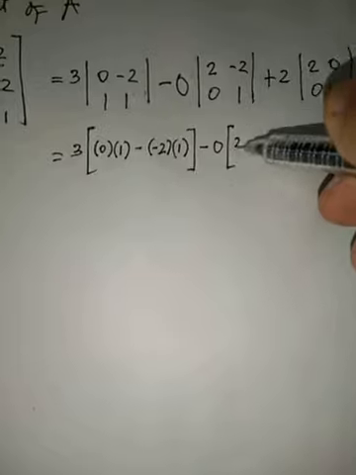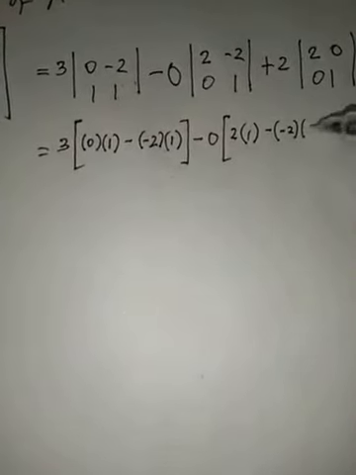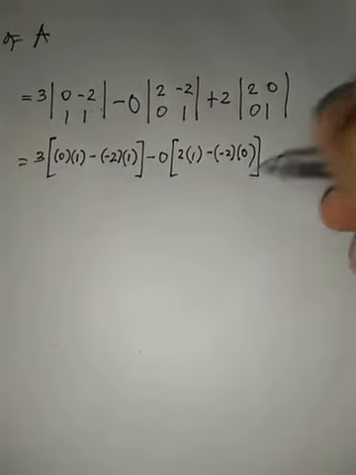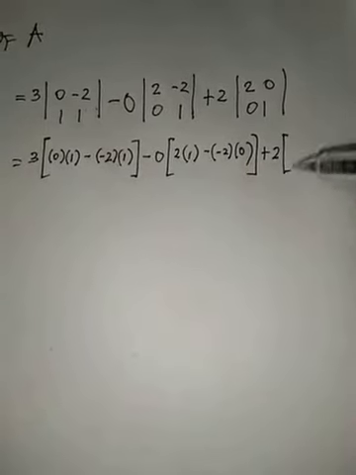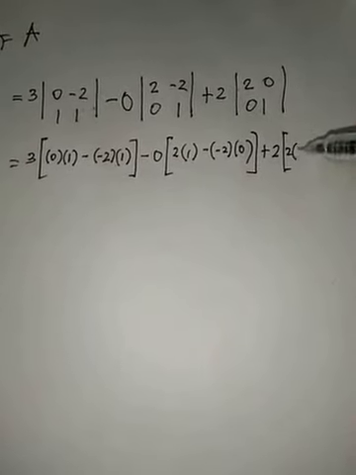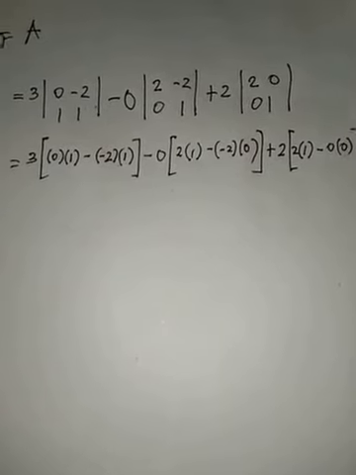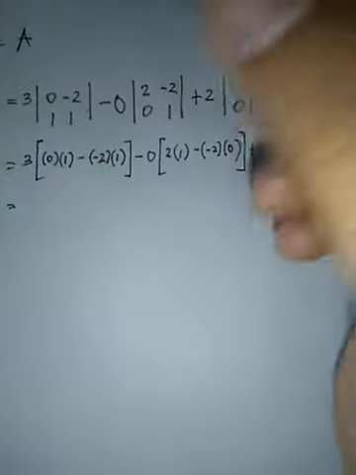So, we have 2 times 1 minus negative 2 times 0. Okay. Then, plus 2. Then, get the determinant. 2 times 1 minus 0 times 0. Diba? Okay.